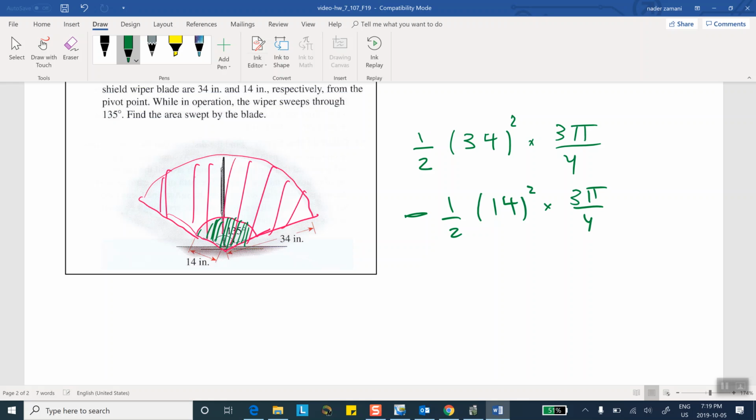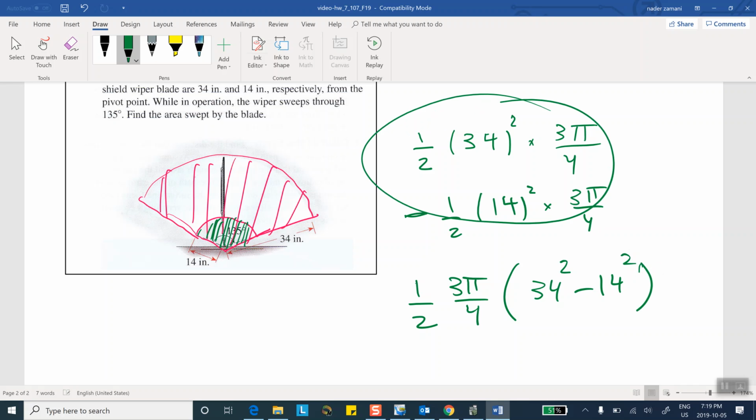Because I'm going to put this thing in my calculator, although you can type it exactly like it is, notice that you can also factor 1/2 times 3 pi over 4, because it's common between them. You have 34 squared minus 14 squared. There's nothing wrong with putting this stuff one by one. It's just that you know a little bit, so we're going to type this instead. So it's going to be 3 pi over 8, right?